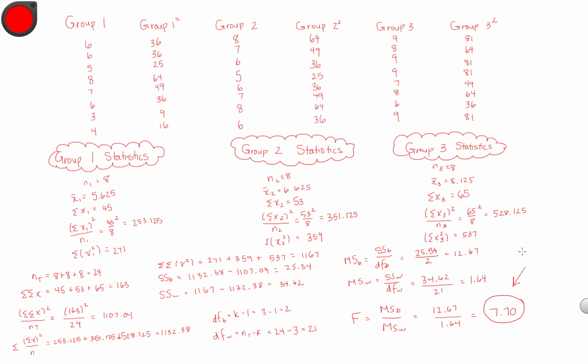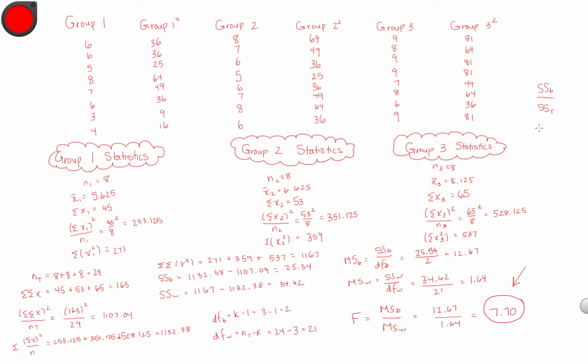Now I'll note that you can also calculate the effect size for a one-way analysis of variance. It's very simple to do once you already have all your terms. It's simply taking your sums of squares between, SS between, divided by SS total, which is just between plus within, and that's going to get you a measure of effect size called eta squared.